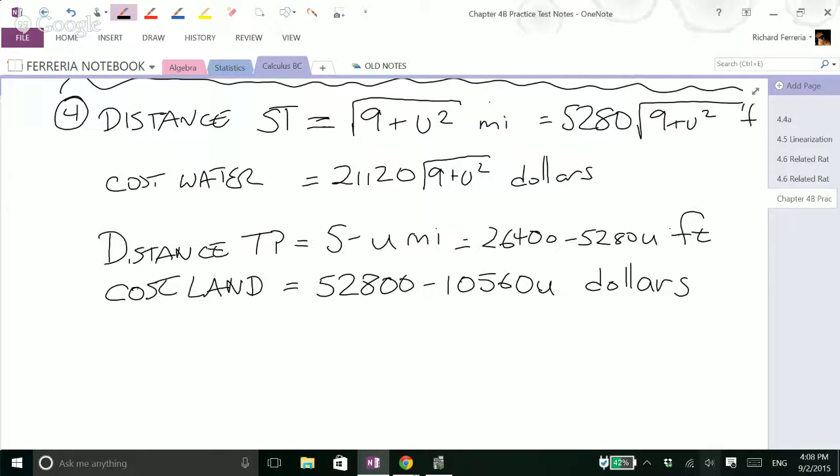All right, so if I put these two together, I should get something for the cost, right?